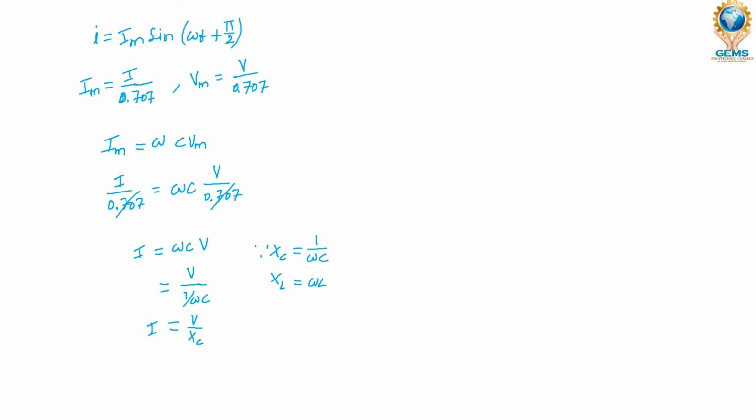Okay, this is the current formula in capacitor. What is the value of XC? XC is 1 by omega C. Omega equals 2 pi f.